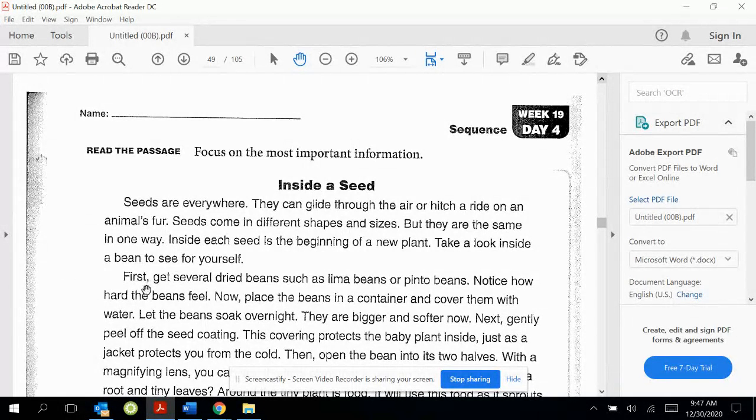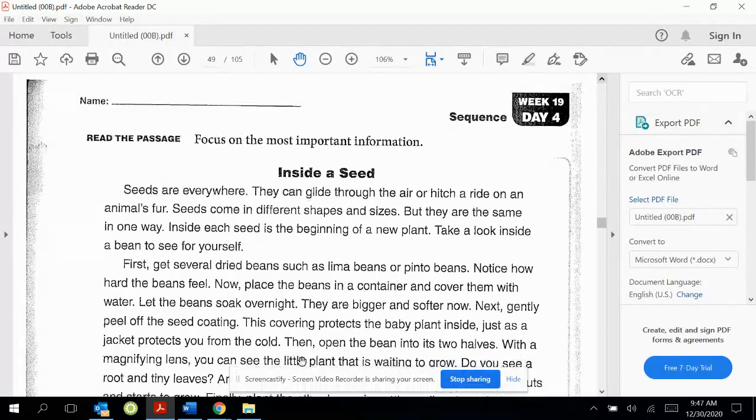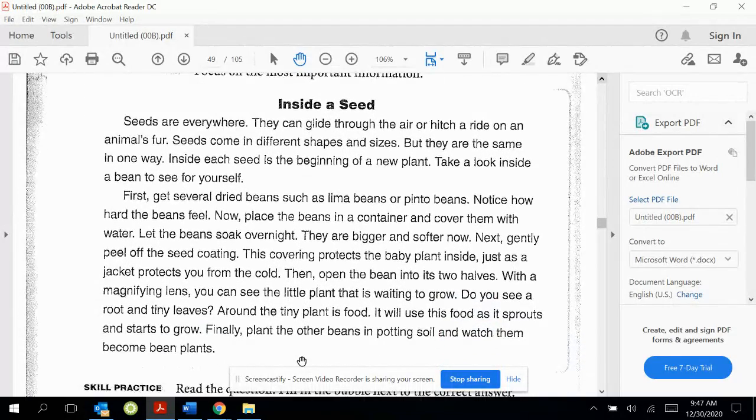So there are some words like first, now, next, then, and finally. And these words signal that we are reading about steps in a process.